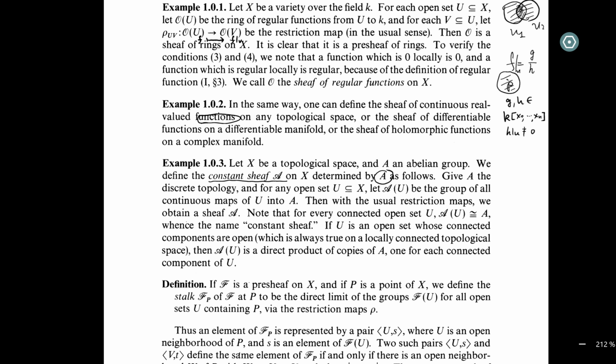So continuous maps means the inverse image of any point of A is open. Then with the obvious restriction map, we obtain a sheaf. Note that for every connected open set U, this is isomorphic to A, hence the name constant sheaf.